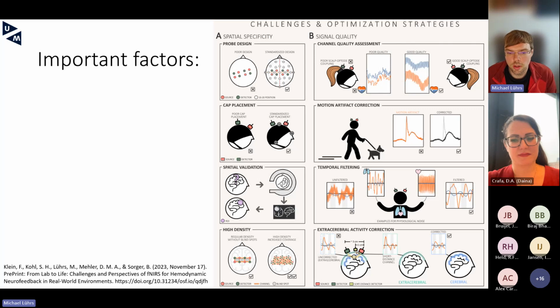So imagine you're measuring for half an hour or 45 minutes, and you have different experiments throughout the session where you didn't randomize, for example, the order of the different sessions. And if there's a session that is in the later part of the experiment and your optode placement is not optimal, then it could be that your findings are not really based on a worse response to the task, but just because your optodes are not fixed anymore, and over time you got a worse signal quality.